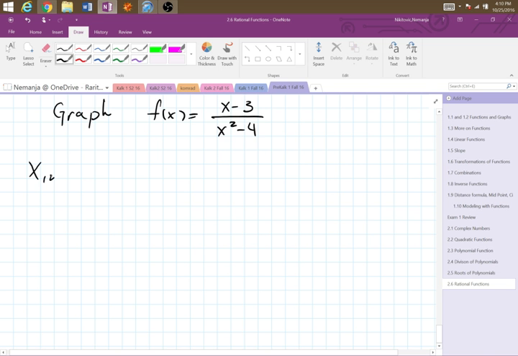So x-intercept is the first one. We go x minus 3 divided by x squared minus 4 equals 0. How do we solve this equation? Multiply by x squared minus 4. Very good. We cross multiply, so we will be multiplying by x squared minus 4.